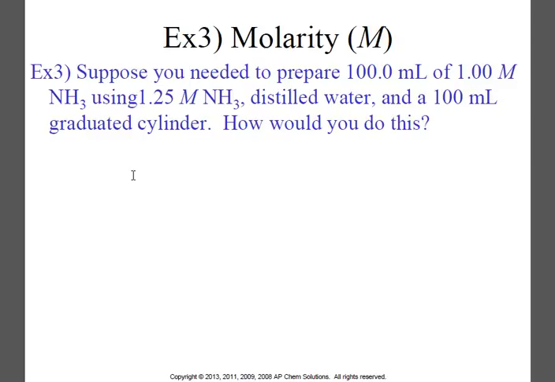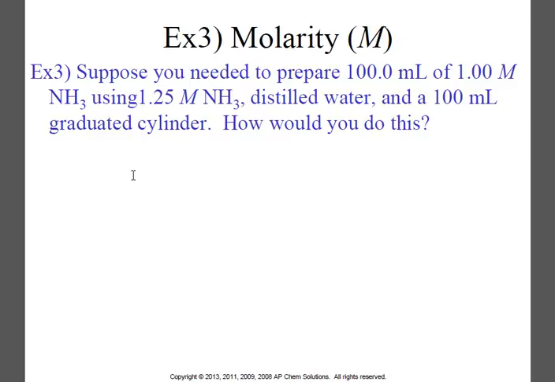So in dilution, you're taking a solution of higher concentration, higher molarity, and adding water or solvent of some sort to change the solution to a lower concentration or lower molarity. Okay, this is called diluting the solution.